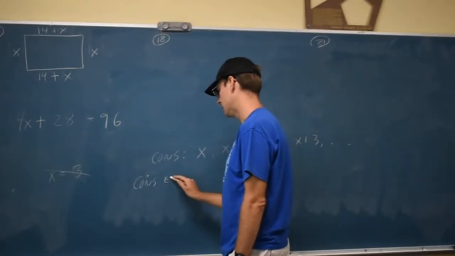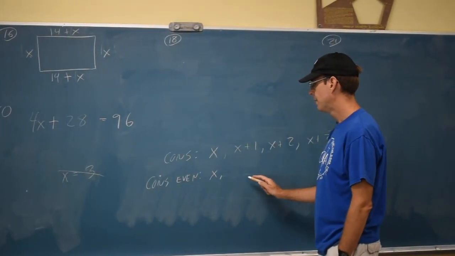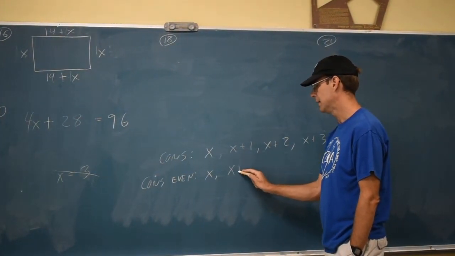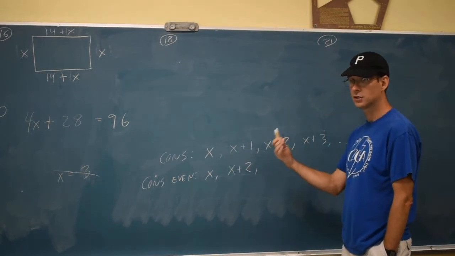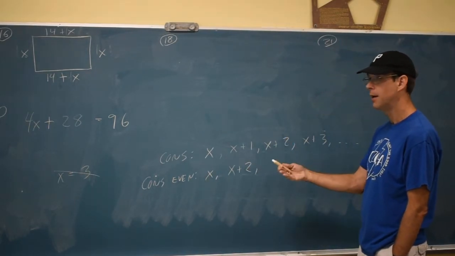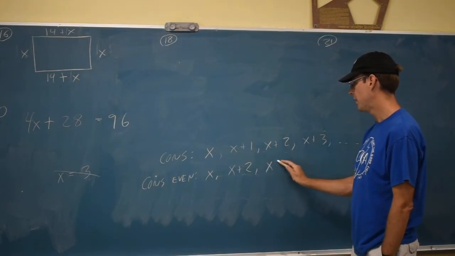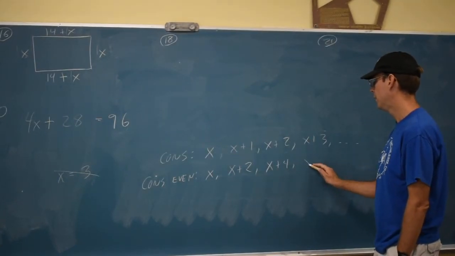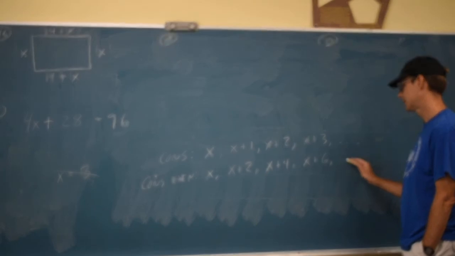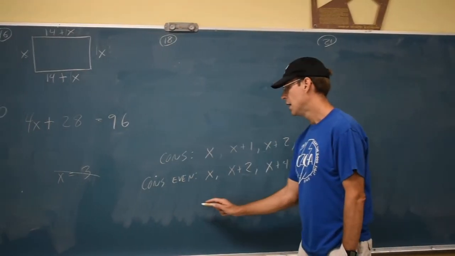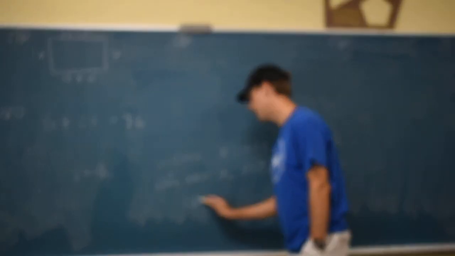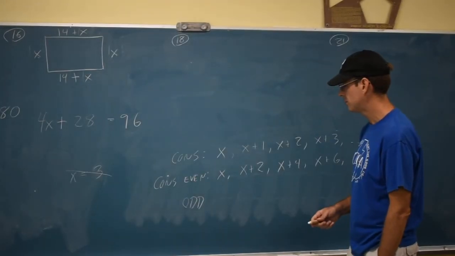If they say to you something about consecutive evens, you still call the first one X. But your next even number is X plus 2 to get 2 away, because the evens come every other number. Then there would be an X plus 4 more, then an X plus 6, and so on and so forth as far as you needed to go. If they told you consecutive odds, this is the one where people sometimes fool themselves.